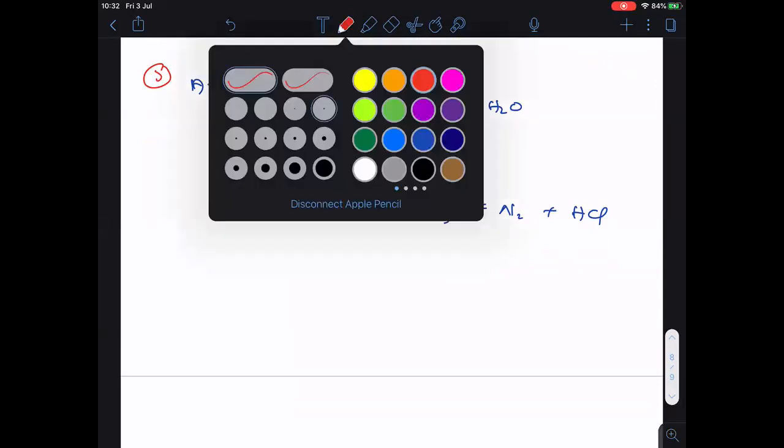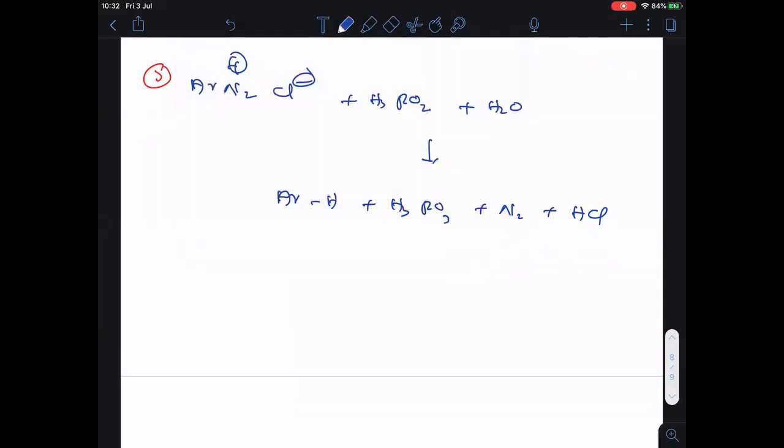Okay. In this one only, one more property is also there. So same benzene diazonium chloride when treated with ethanol, C2H5OH.